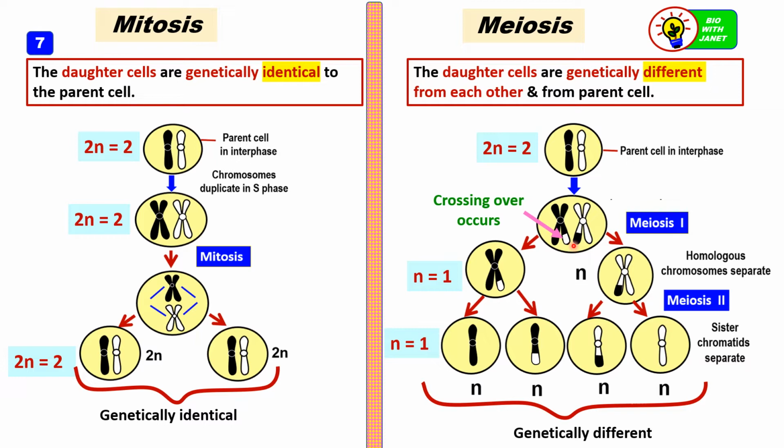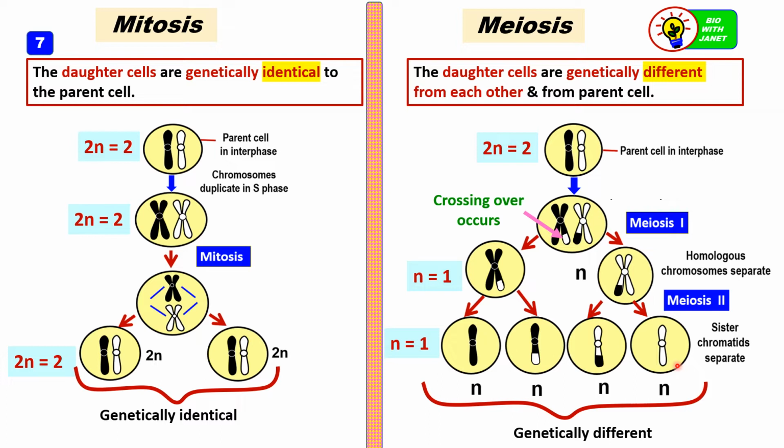Hence, after crossing over is completed, the chromosomes that are produced will have some parts from the other chromosome, and the genes may be different compared to the original strand.